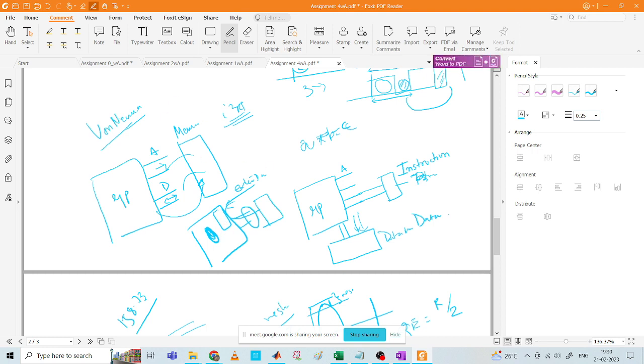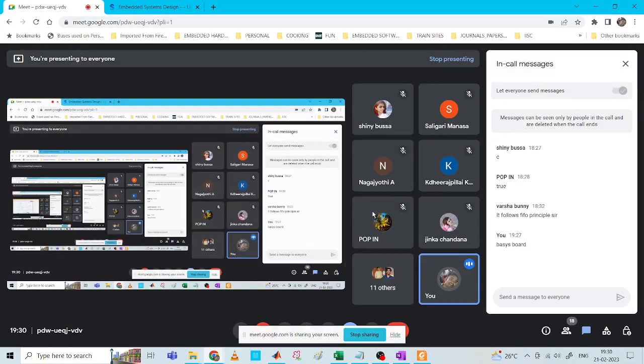That is called DMA, direct memory access. Whatever terms I am using here, please make sure that you study in detail, and if you have any queries, just let me know.